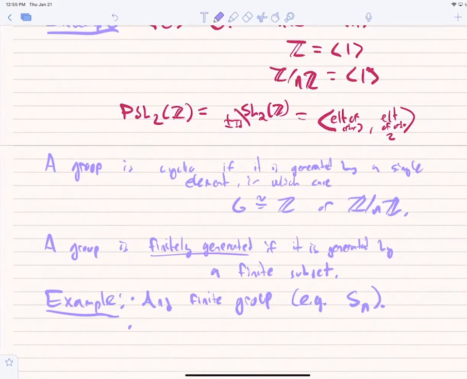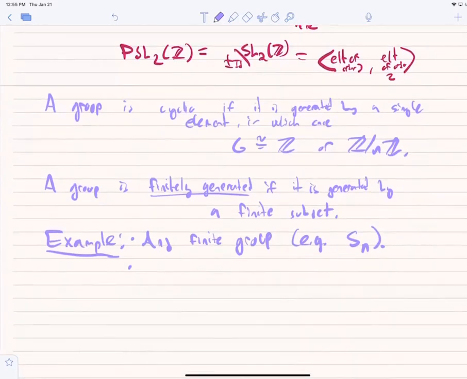Good. So any finite group. So what's an example of a group that is not finitely generated?